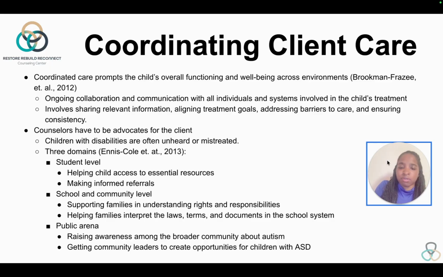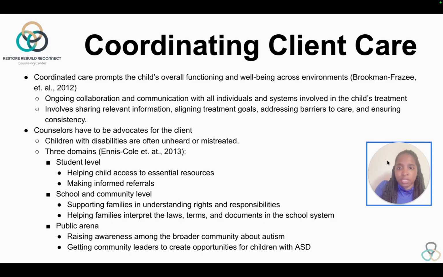So that could include school professionals, medical providers, therapists, counselors. An effective coordination involves sharing relevant information with appropriate consent, of course, and aligning treatment goals across different settings, addressing any barriers of care, ensuring consistency in interventions and expectations.